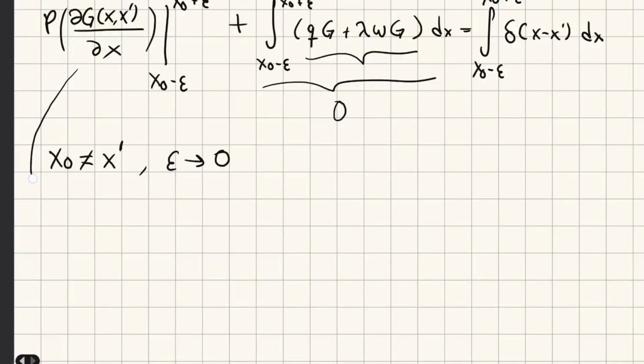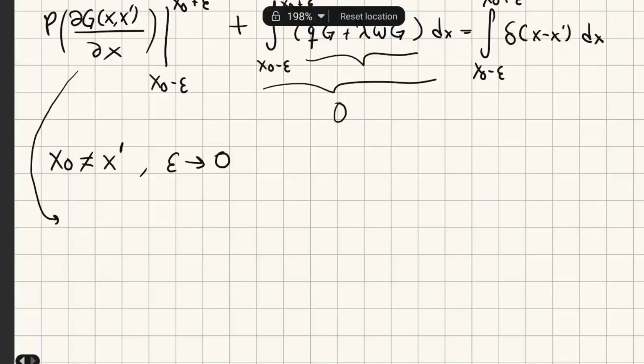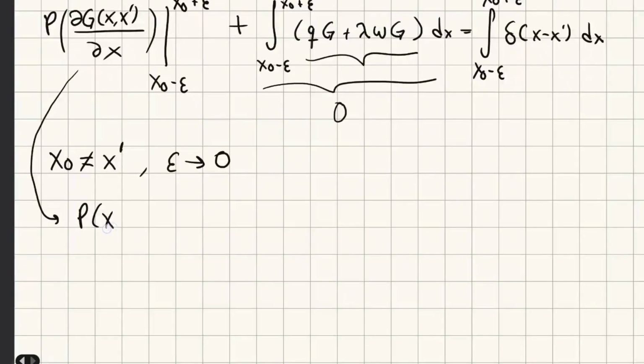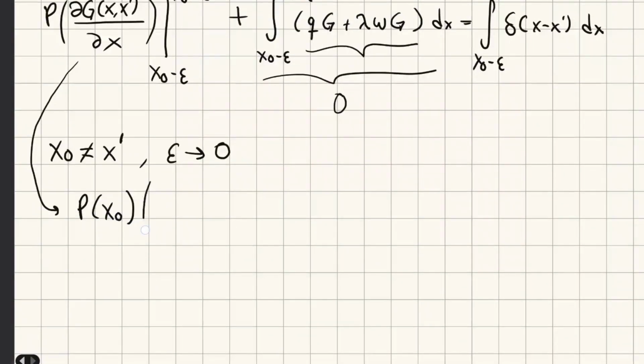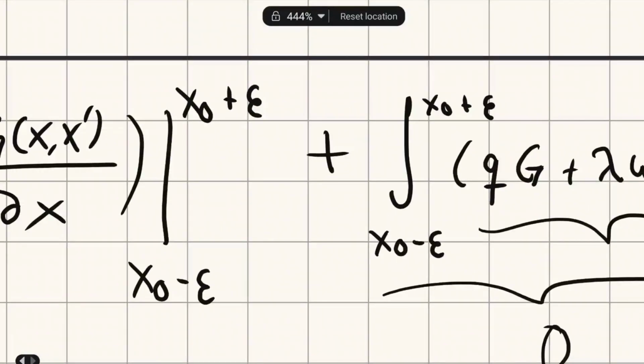And for this element, we are going to have p of x0 that is going to multiply the derivative of g evaluated at x0 with respect to x. But looking that we are at the upper limit of the integration, this comes to x0 from the left, right?